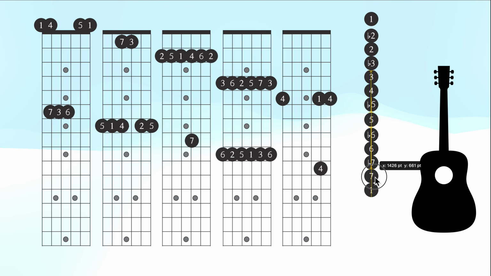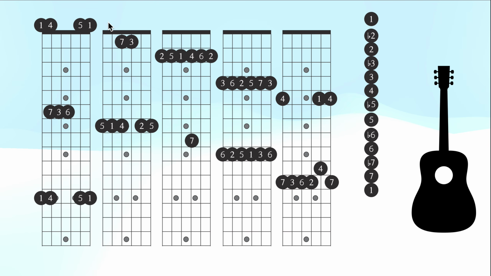And then finally, on the 7, 7, 3, 6, 2, oops, that's not a 2, 2, 5, would make this the flat 5, and then 7. So the 7 almost has all the notes, like the 2, 3, and the 6. And then, of course, this would just repeat here.